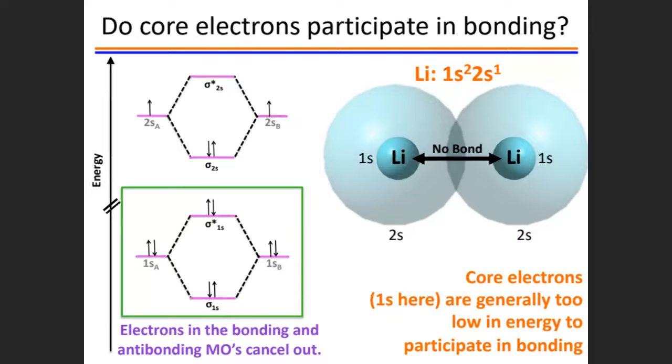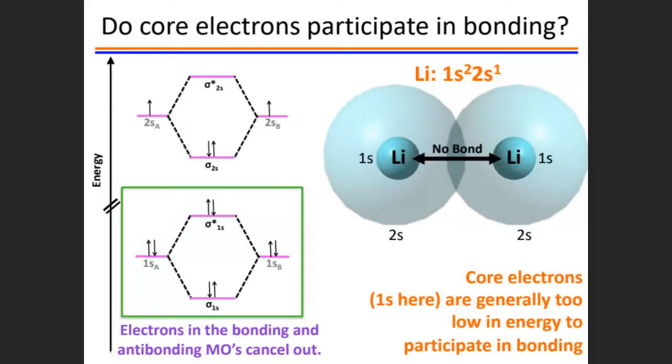Now, lithium, no bond. By the way, here I have one more thing to explain. Your slide has a question mark: do core electrons participate in bonding? No. Core electrons never participate in bonding.